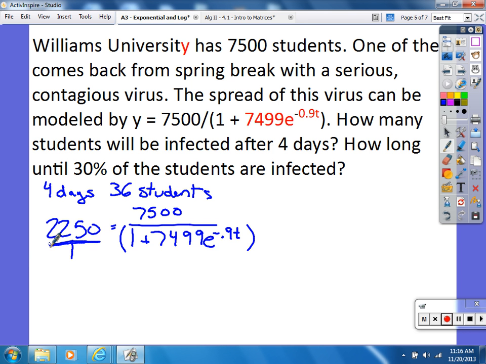I can cross multiply. Times this, right? And then what am I going to do with the 2,250 in the end? I can multiply the 7,500 to the 1. So I'll actually show that work. And I'm going to show you the way I thought of it.